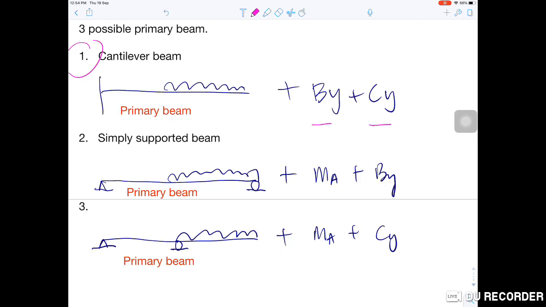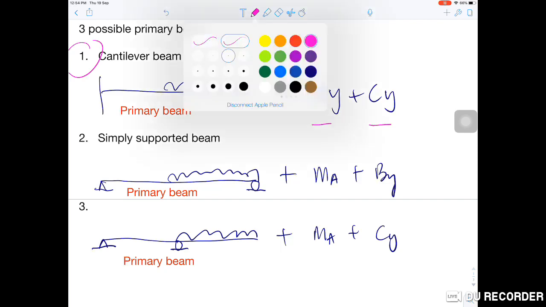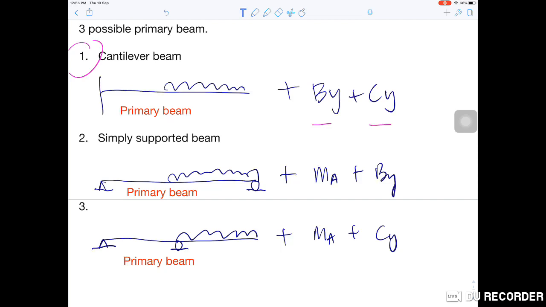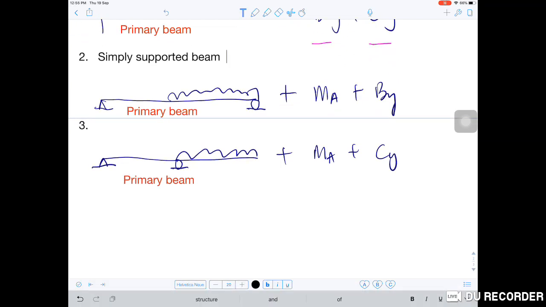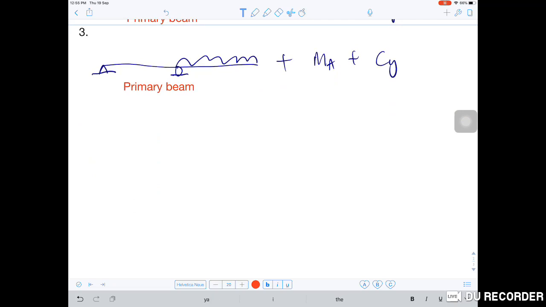So BY and CY are removed, taking possibility number 1, BY and CY as redundant forces.